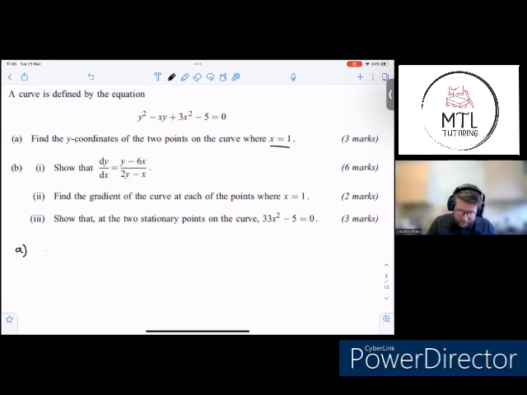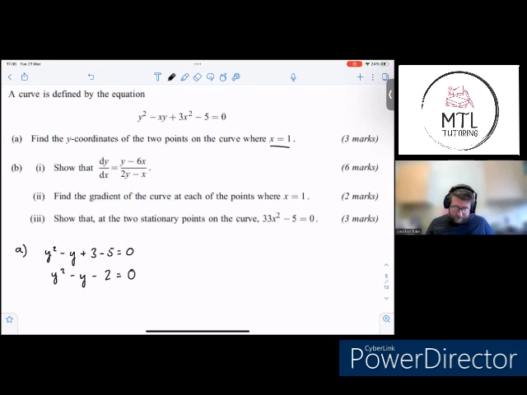So we'll get y squared minus, and x is 1, so that becomes y plus 3 minus 5. So y squared minus y minus 2. And now just solve that quadratic.